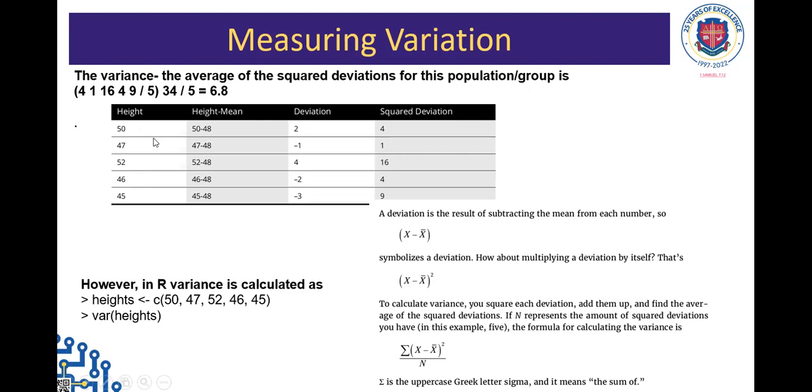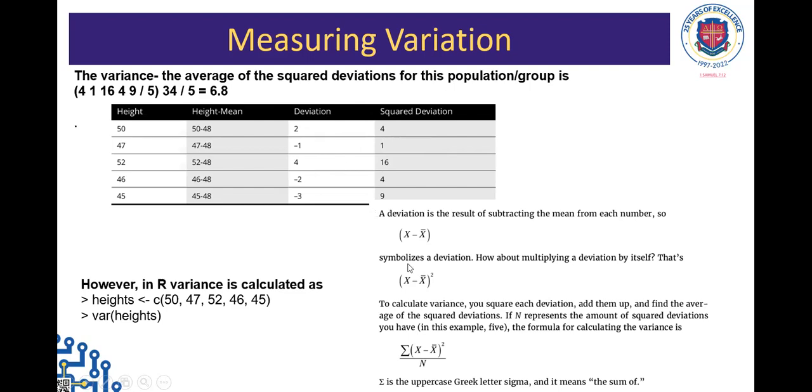You first find the descriptive statistic, the mean of all these heights, which in this case was calculated as 48. You then subtract the mean from each individual height. Okay, that gives you the deviation. In some cases, you can see the deviation is positive, and in some cases, it is negative. Then you generate the square deviation of this.